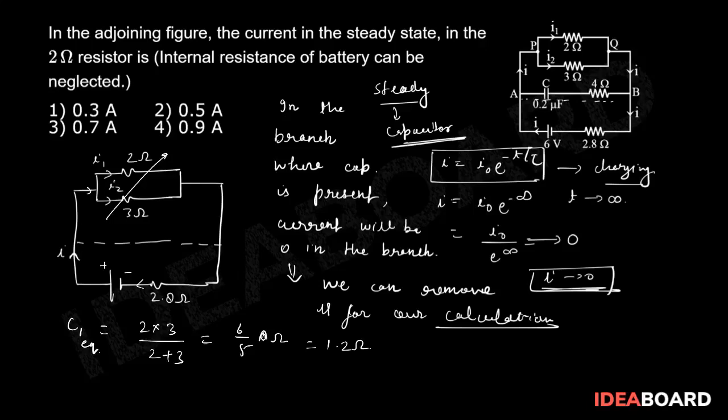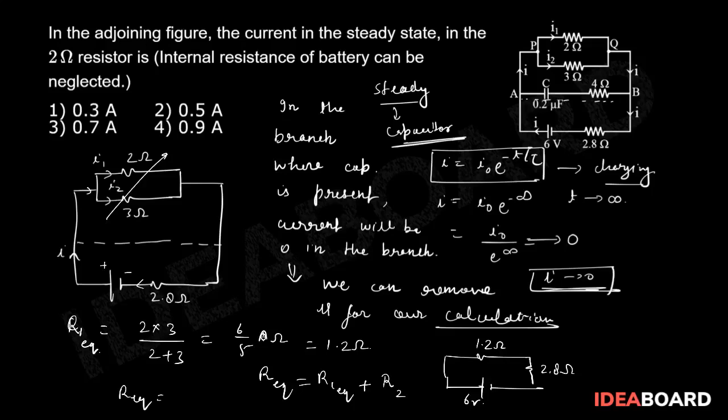Now the circuit will be something like this: a resistance of 1.2 ohm, another resistance of 2.8 ohm, and a battery of 6 volts, right? So let me correct it: this is R1 equivalent. R equivalent will be R1 equivalent plus R2, so R equivalent is 1.2 plus 2.8, which is 4 ohms. Perfect. Now you get the net resistance of the circuit.